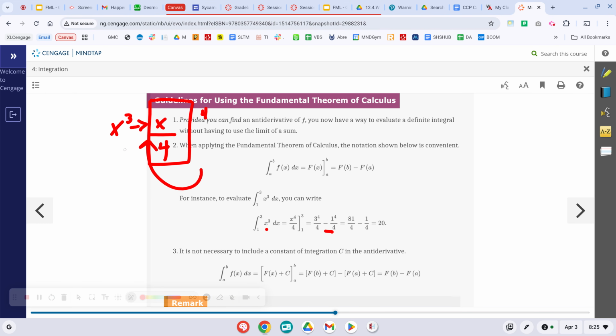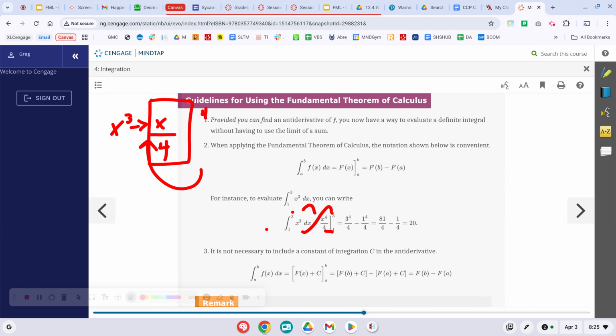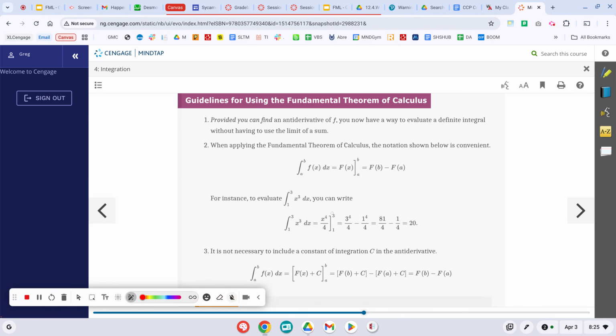So notice x cubed went to x to the 4th over 4. And now what we're going to do is we're going to plug in the 3. And then we're going to plug in the 1, and we're going to subtract them. Okay, so what this tells you is that the area under a curve x cubed from 1 to 3 has an area of 20 square units.